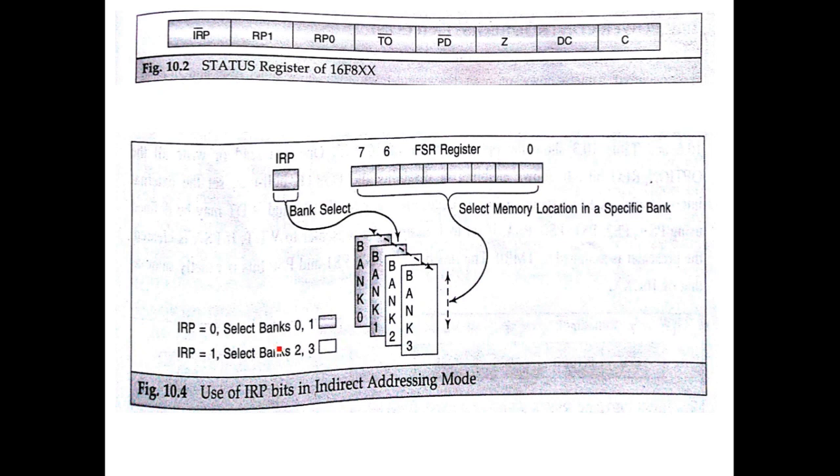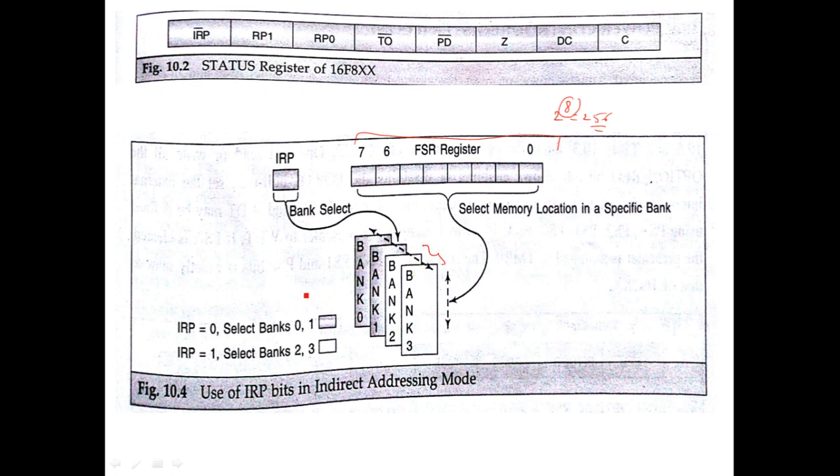If this bit is 0, then banks 0 and 1 are selected, and the total number of locations in banks 0 and 1 together is 256, 128 plus 128. To address one of the 256 locations, you need an 8-bit address, because 2 raised to 8 is 256.